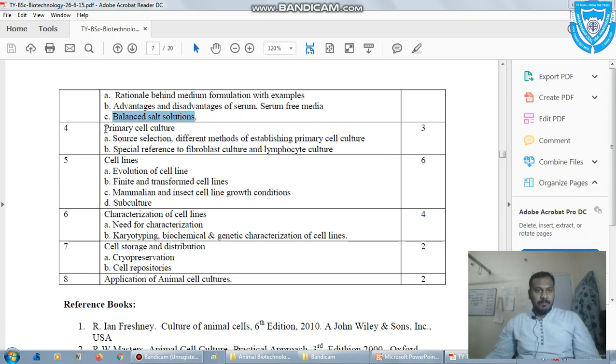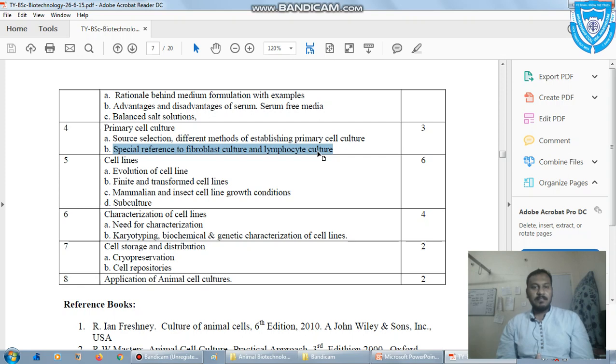Now the fourth module is primary cell culture: the sources, selection, and different methods of establishing primary cell culture, with special reference to fibroblast culture and lymphocyte culture. Primary means the first cell line culture.